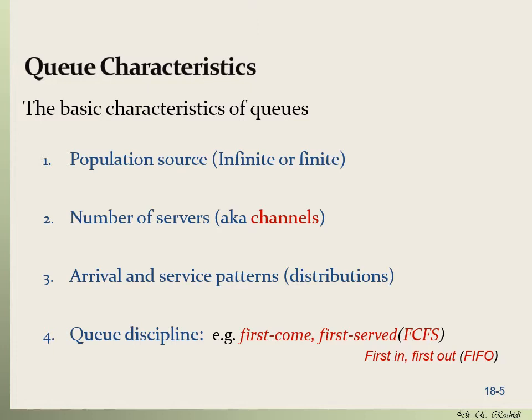And the fourth characteristic is the discipline in which the queue would operate. For example, we can have first come, first serve. That means that if you are first in coming to the system, you're going to be the first one who gets served, or first in, first out, or maybe there is another discipline here. So based on these four major characteristics, we can categorize queues.